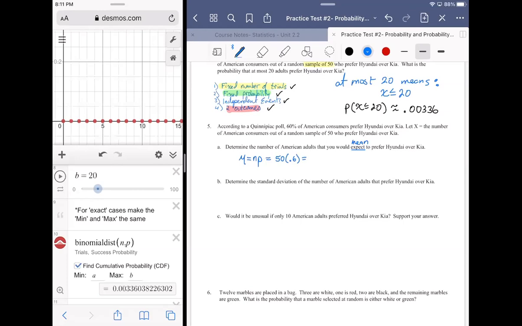Because I could also say the standard deviation, the square root of np times 1 minus p, is equal to the square root of 50 times 0.6 times 1 minus 0.6.